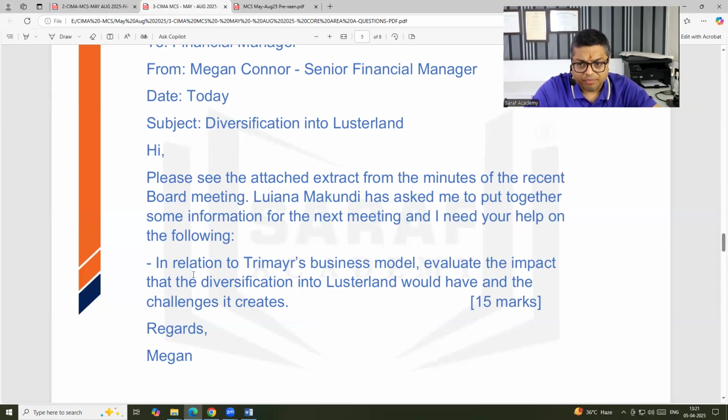First of all, read the requirement very carefully. In relation to Trymere business model, evaluate the impact that the diversification into Lusterland would have and the challenges it creates.